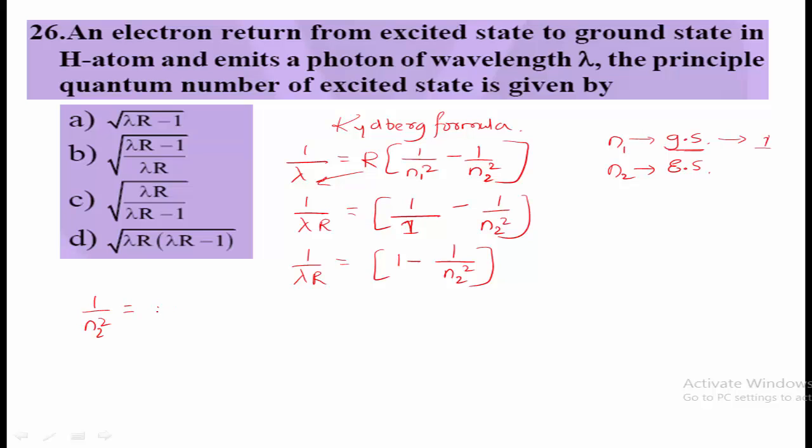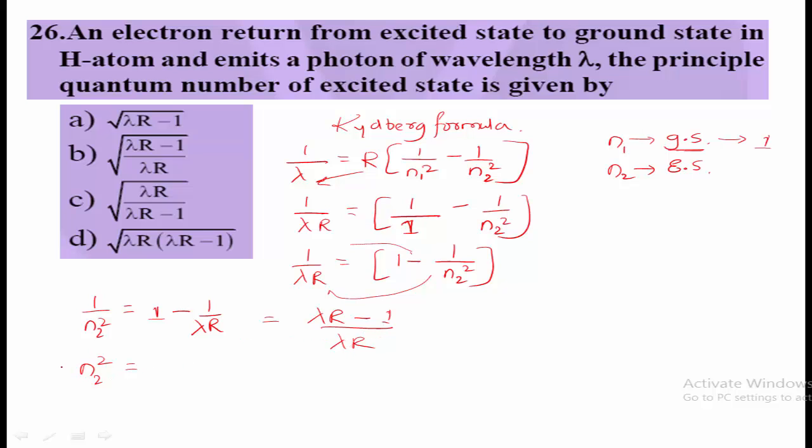Now 1 by n2 square is equal to 1 minus 1 by lambda R. I have simply moved this and taken it to the left hand side. So on rearranging, 1 by n2 square is equal to 1 minus 1 by lambda R. Taking the LCM, it can be written as lambda R minus 1 divided by lambda R. So 1 by n2 square is equal to lambda R minus 1 divided by lambda R.